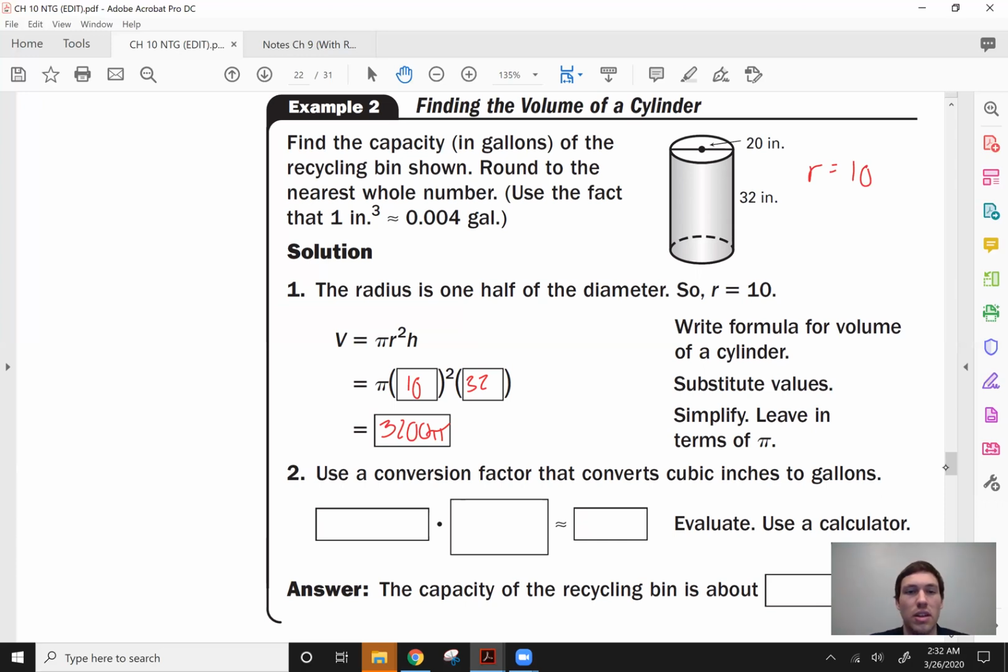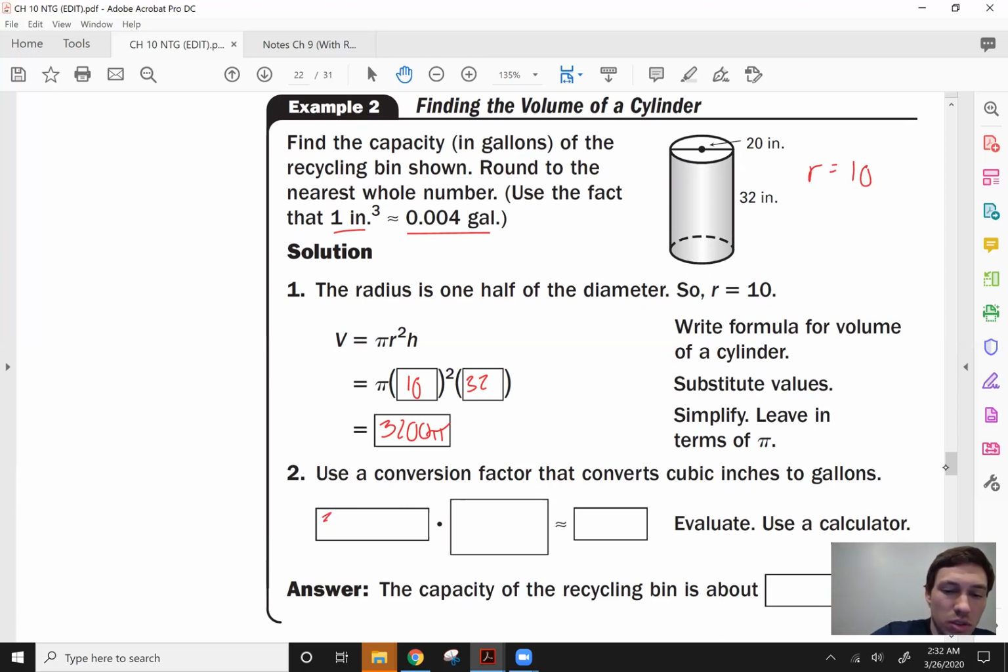Now it says, find the capacity in gallons of the recycling bin shown, round to the nearest whole number. Use the fact that 1 inch cubed equals 0.004 gallons. So we're going to convert this.